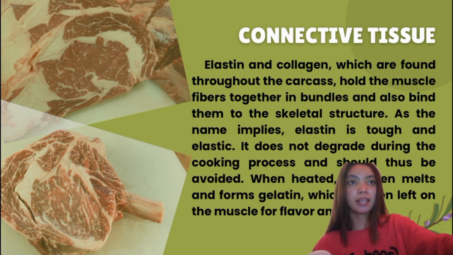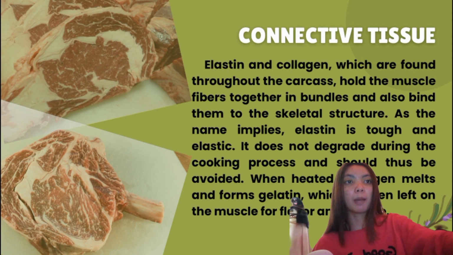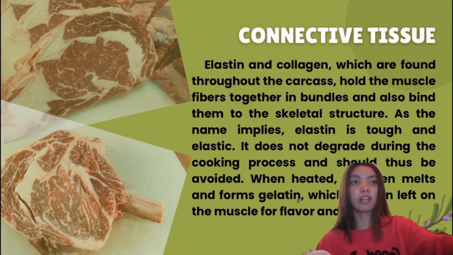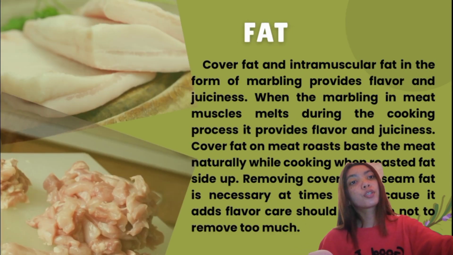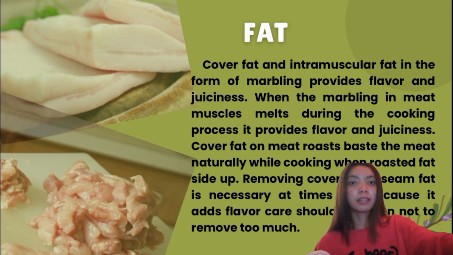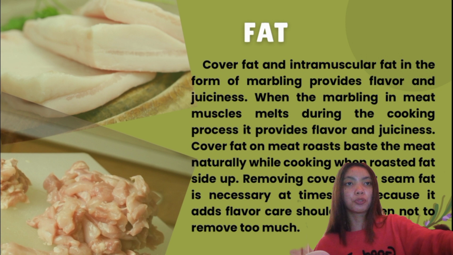As the name implies, elastin is tough and elastic, and it does not degrade during the cooking process and should thus be avoided. When heated, collagen melts and forms gelatin, which is often left on the muscle for flavor and texture. So, cover fat and intramuscular fat in the form of marbling provide flavor and juiciness.